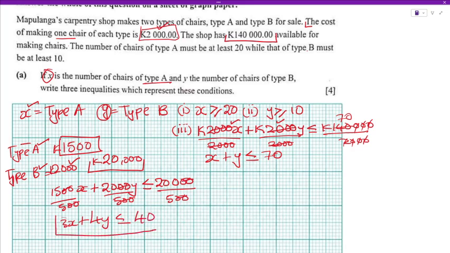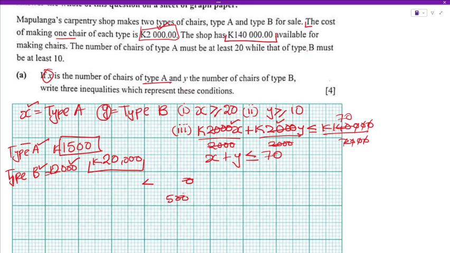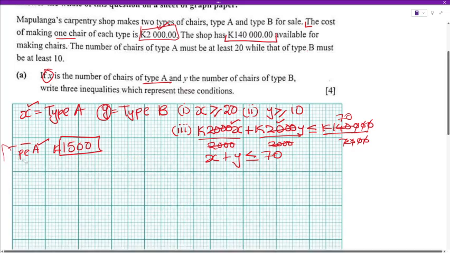So this will be your inequality. This is how you deal with these types of inequalities. I hope that is clear. Simply attach the amounts to the respective options you've been given. We deal with only 2 options in linear programming paper 2.